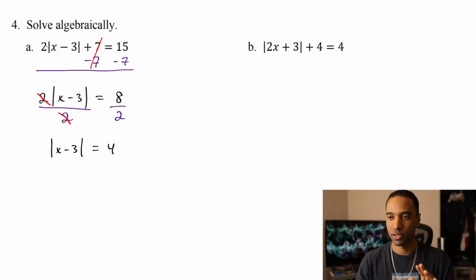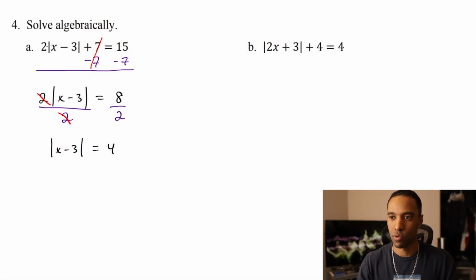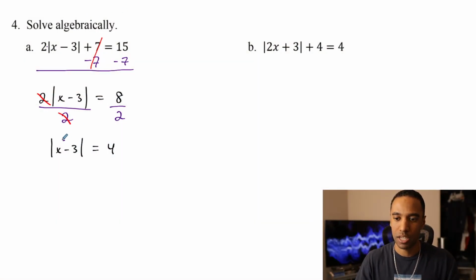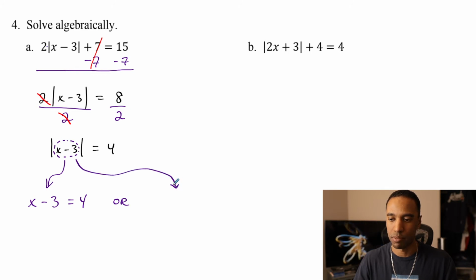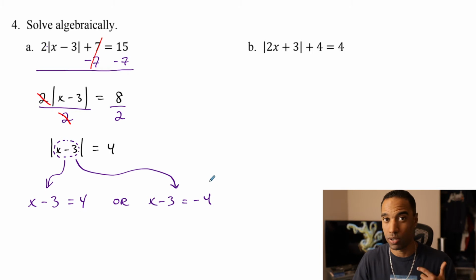So consider that this x minus 3 represents some number. The thing that you're taking the absolute value of can be either one of two things. It could either be a positive 4, or it can potentially be a negative 4, because either way, when you take the absolute value of that, you get 4.